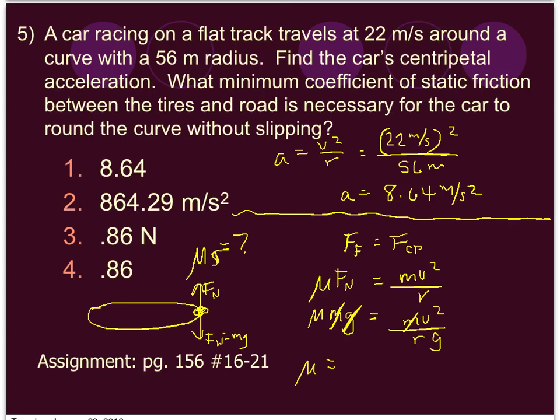So mu is equal to our velocity, 22 meters per second, squared, divided by the radius, 56 meters, times our value of g, which is 10 meters per second squared. When you plug and chug this into the calculator, you are going to get 0.86. Remember, there are no units for coefficient of static friction.